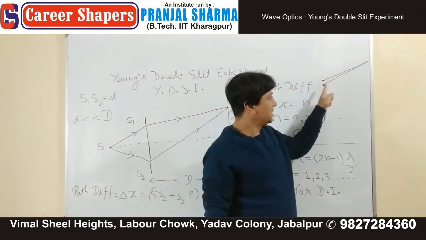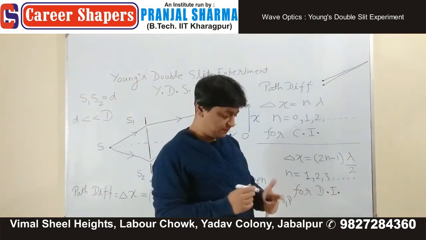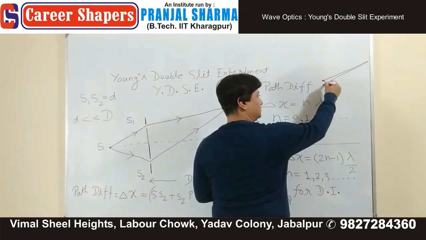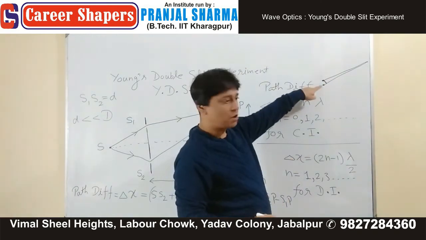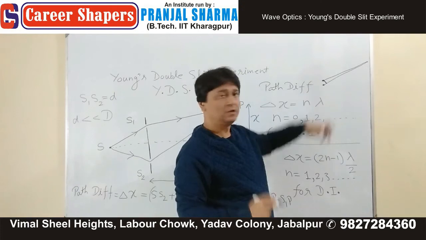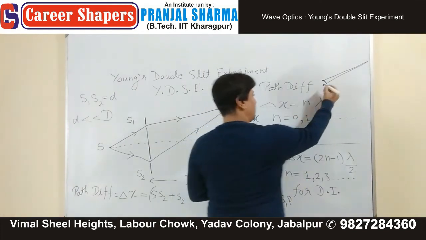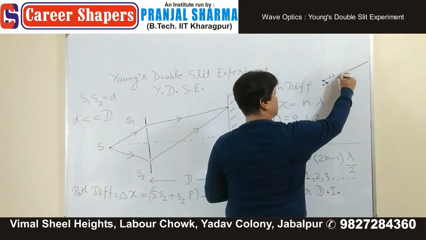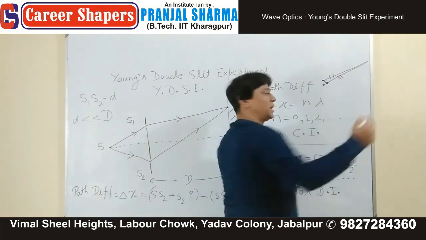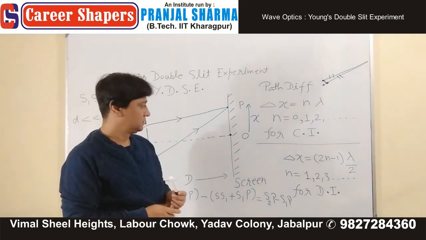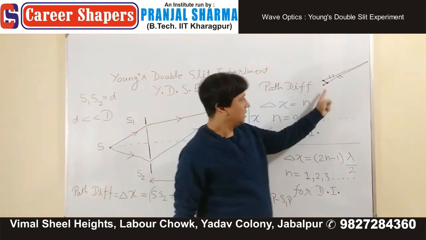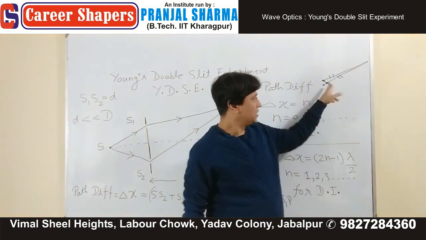In this type of setup, if we need path difference, what we do, we drop a perpendicular. If you drop a perpendicular like this, then up to the foot of perpendicular, this and this, they become what? Equal. What is happening?